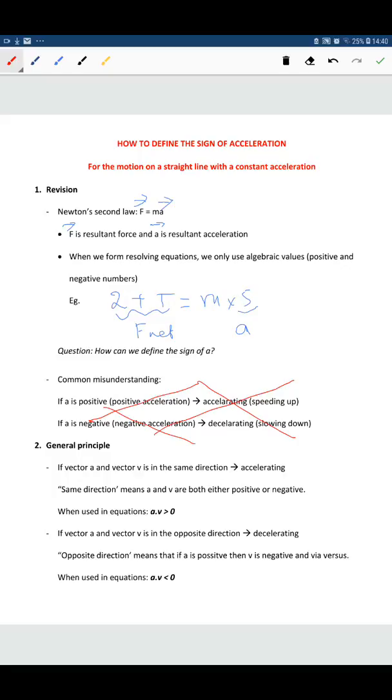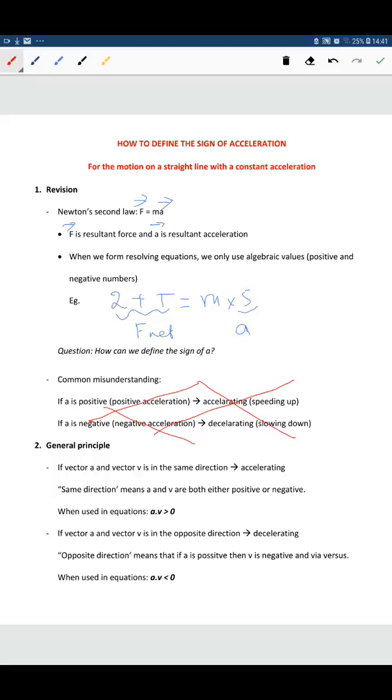Only the sign of a cannot tell us that the object is accelerating, speeding up, or decelerating, slowing down. We need to look at another factor. It is velocity.